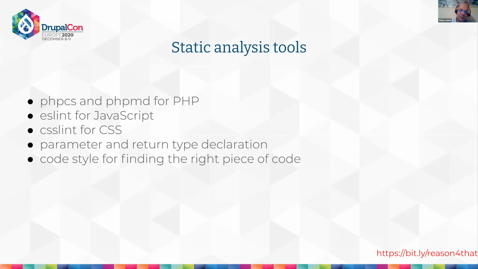But it helps you if you want to find a specific snippet of code. If you follow the Drupal coding style, then you know what to search for. Otherwise, you don't know how many spaces were before the function name, whether the name was in capital case or small case, things like that.